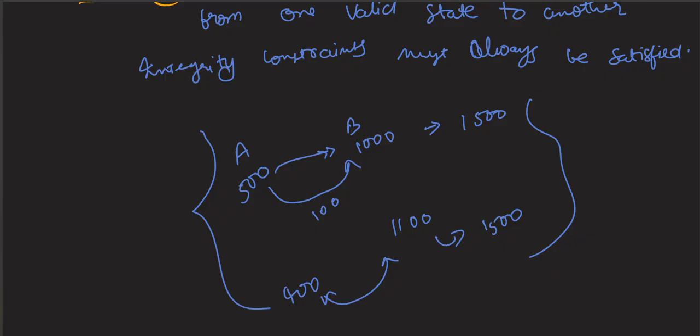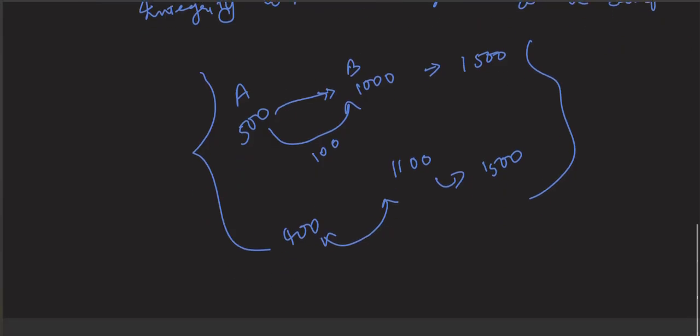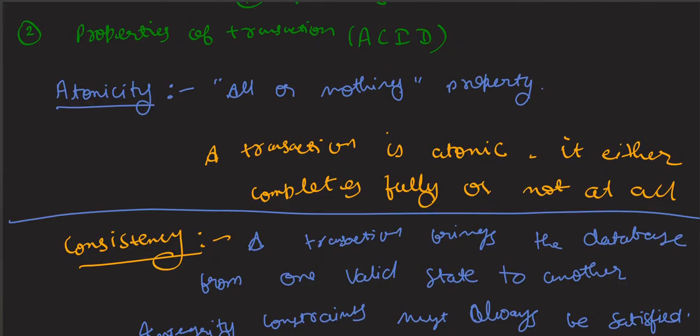So the next one is isolation. We have seen A and C. The next one is I. I means isolation. So moving further, the third one is isolation. So what is meant by isolation?